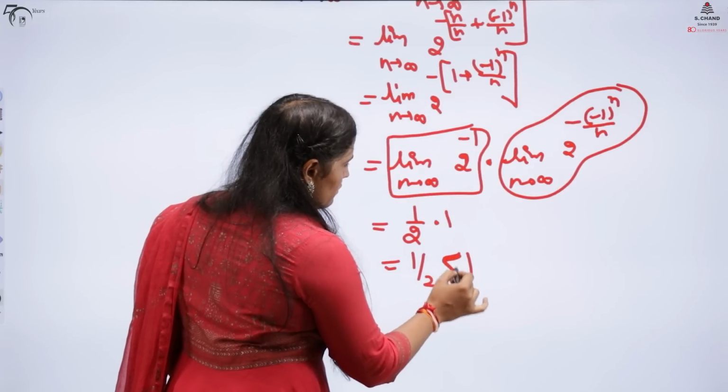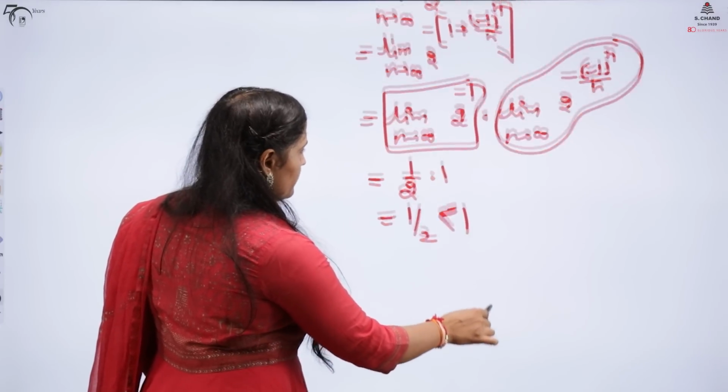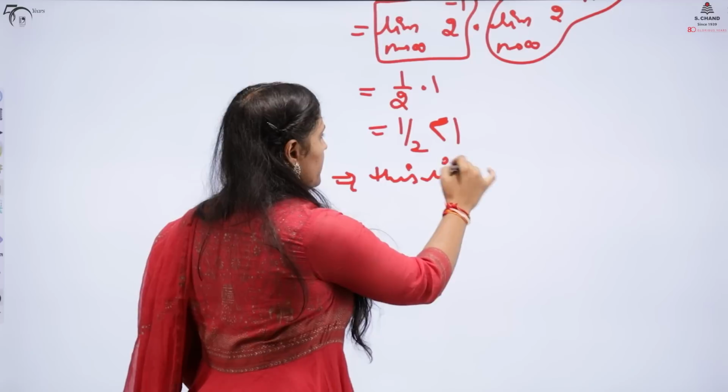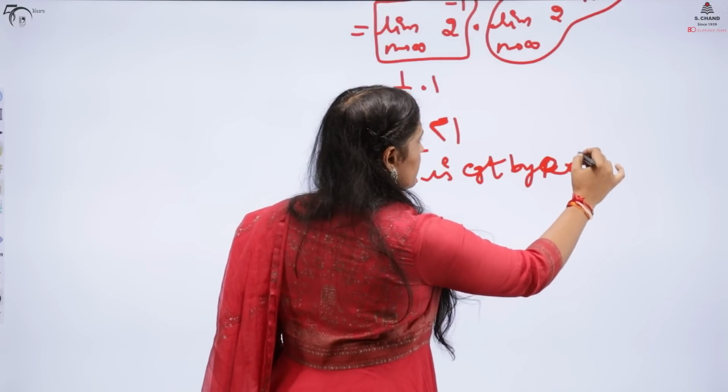So you can see this question is very important, so you can see the solution part. So it means this is convergent by root test.